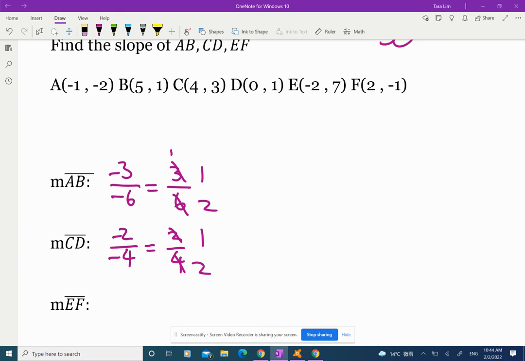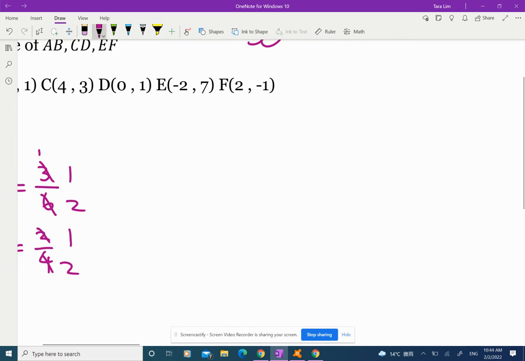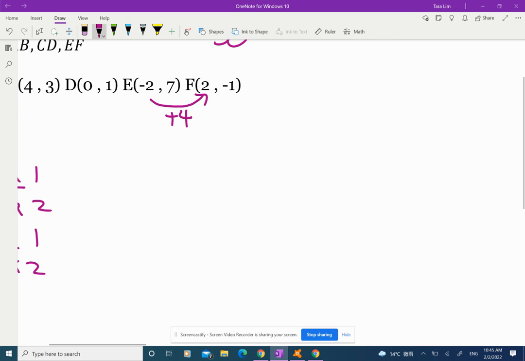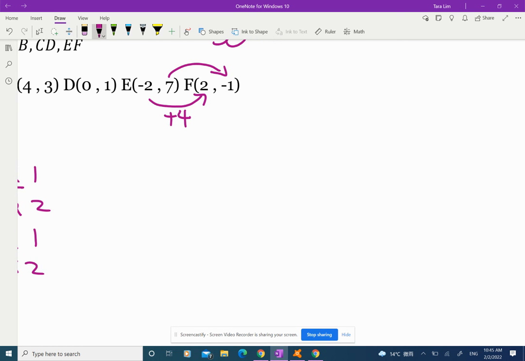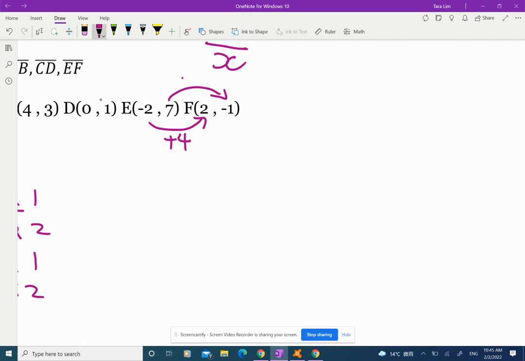Now let's move on to the slope of EF. So we're focusing on these two. Now let's use the same method because it's much faster. So negative 2 plus or minus what is equal to 2? Negative 2 plus 4 is equal to 2. And 7 plus or minus what is equal to negative 1? 7 minus 8 is equal to negative 1.